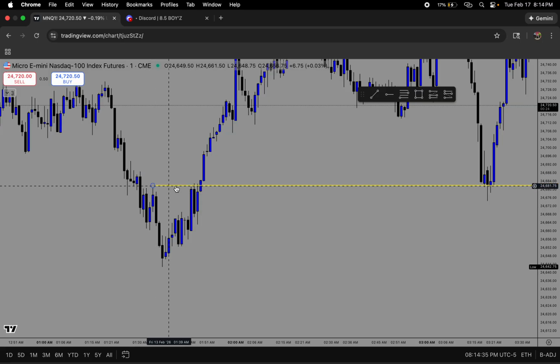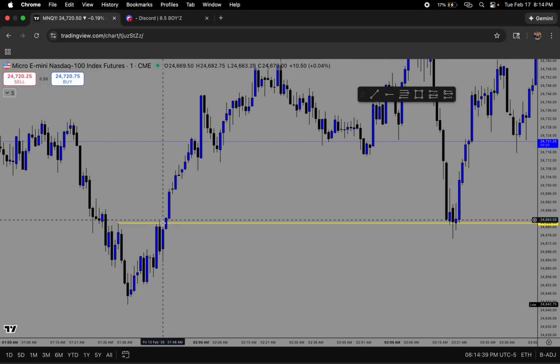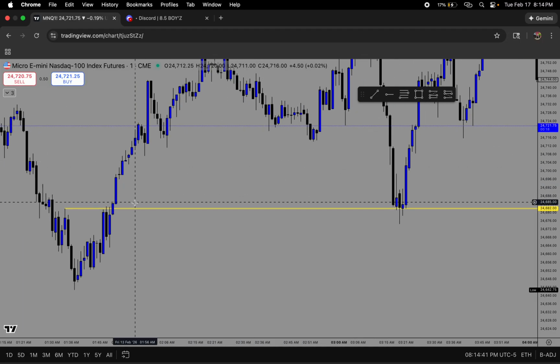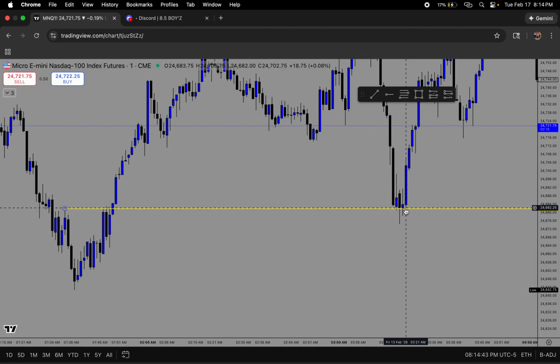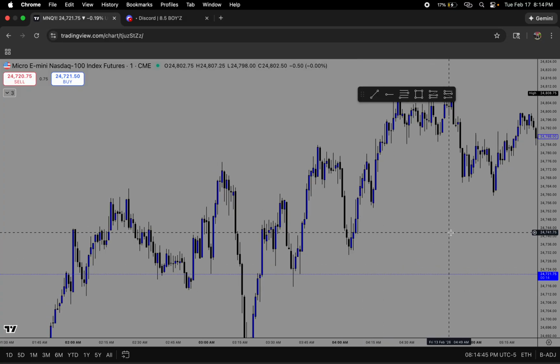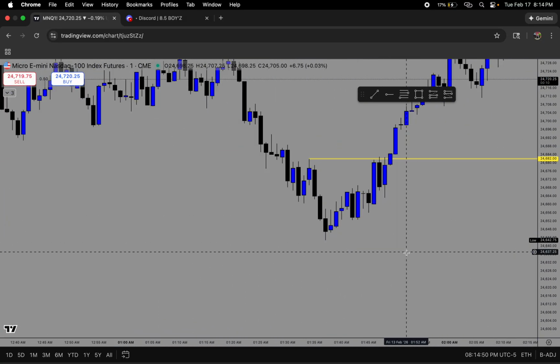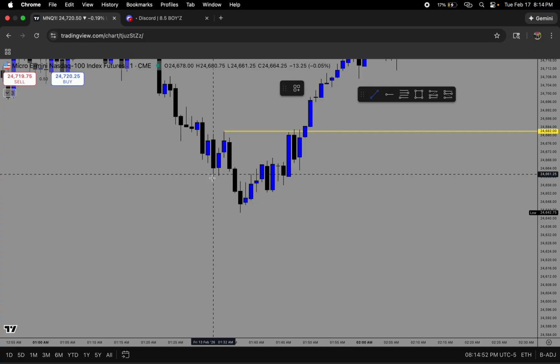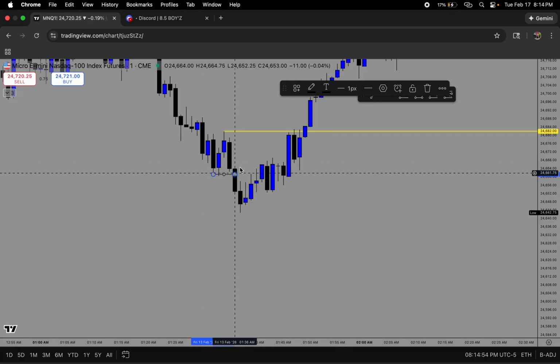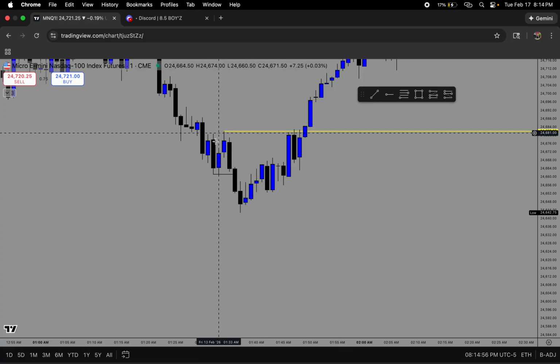In this case, it would have been better to use the top of the wick because, as you can see, price goes up, taps back into the change in state of delivery, shoots back up, distributes higher before coming back down. It just makes sense this way because you have these lows here. They're swept by this move.